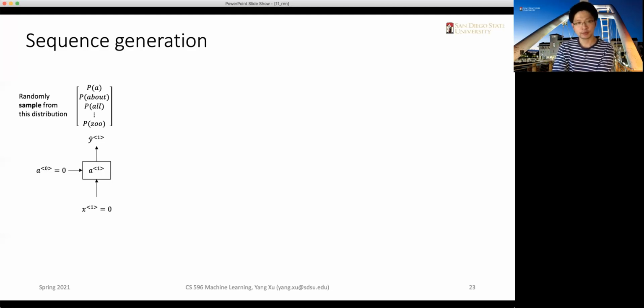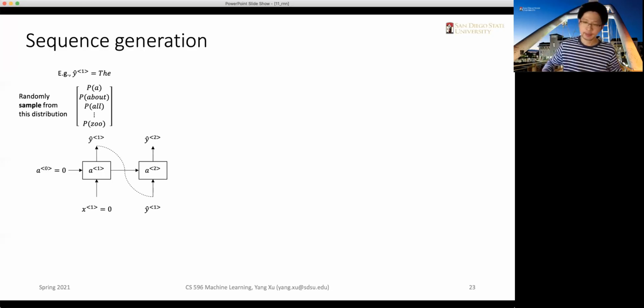So we're going to pick one. We can randomly sample from this distribution as the first word being generated. For example, we pick the word "the" based on some method. And what we can do is input that "the" as the input for the second time step.